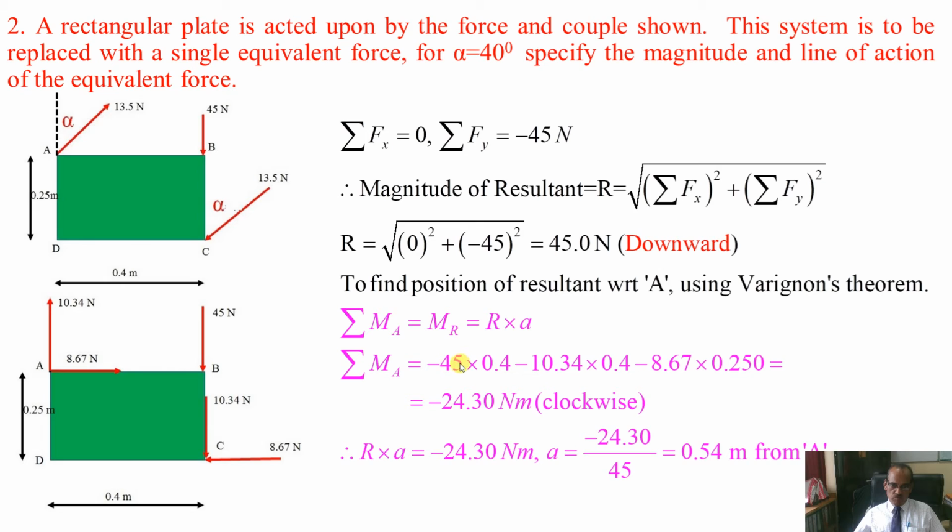That's why minus 45 into the distance 0.4. Next, minus 10.34. This force, like this, the sense of rotation is clockwise. That's why minus 10.34 into 0.4. Minus 8.67. This force. You see this force.